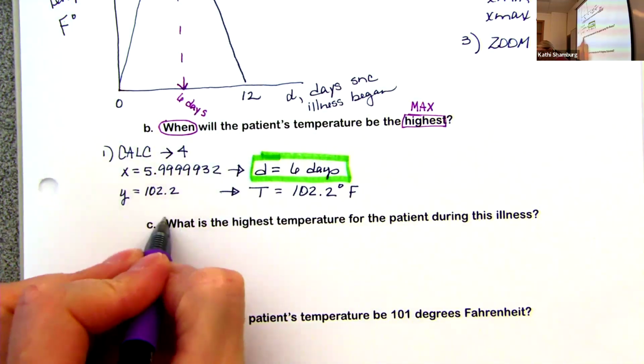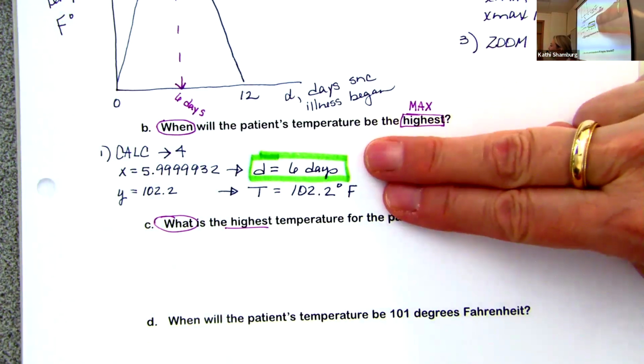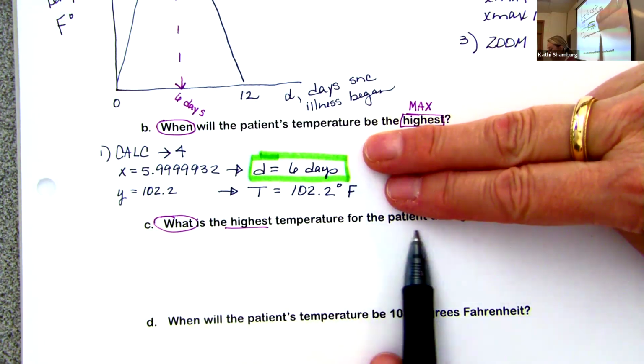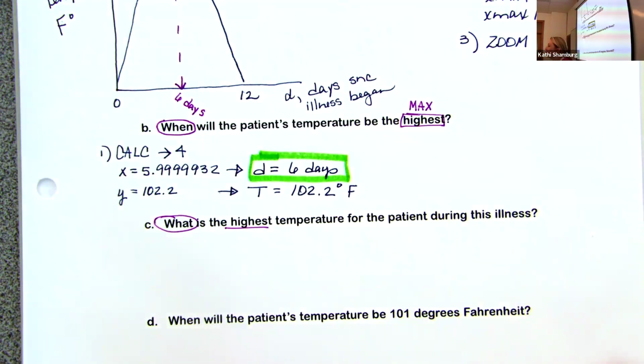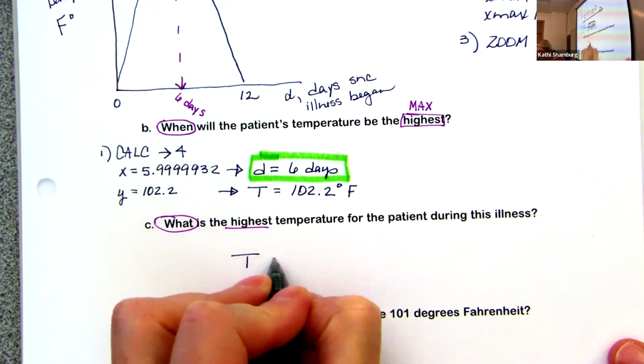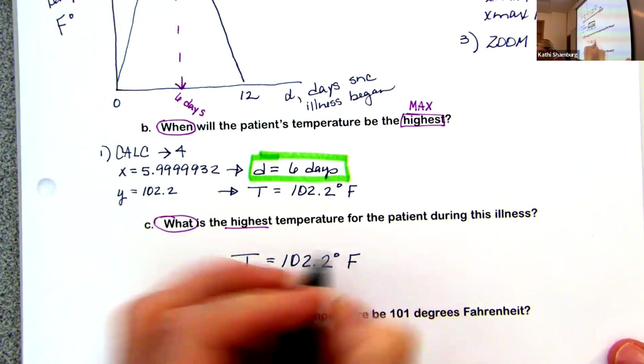Part C. What is the highest temperature? So we're still looking at my maximum. So what is the highest temperature for the patient during this disease? So now it's asking for the temperature, 102.2 degrees Fahrenheit.